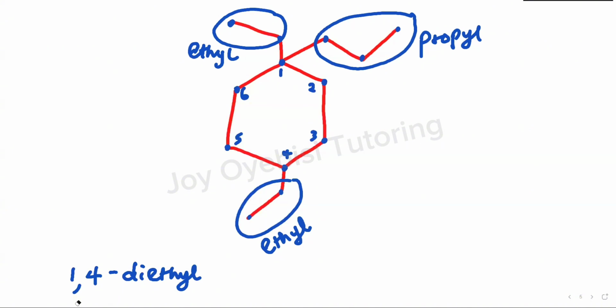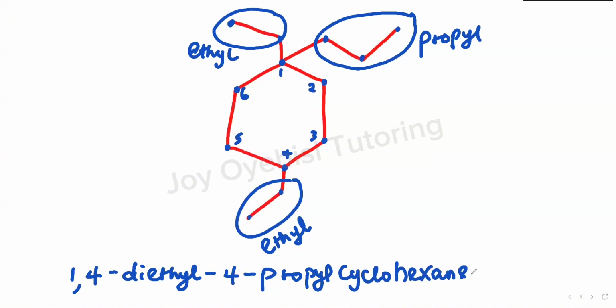The ethyl comes first because in alphabetical order, you have E before P. So when you have different types of substituents, you arrange them in alphabetical order. So 1,4-diethyl and 4-propyl, and then 6 carbons. The prefix for 6 carbons is hex. So that would be cyclohexane. So 1,4-diethyl-4-propylcyclohexane. And that is it.